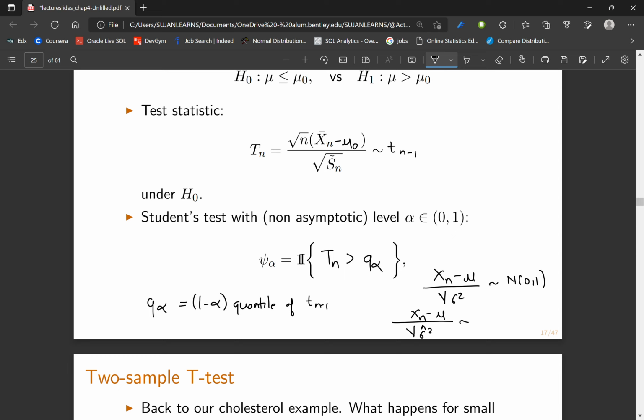It's going to be T_{n-1}. It will no longer be a normal distribution, but it's going to be a T_{n-1} distribution, and this is another way to look at it.